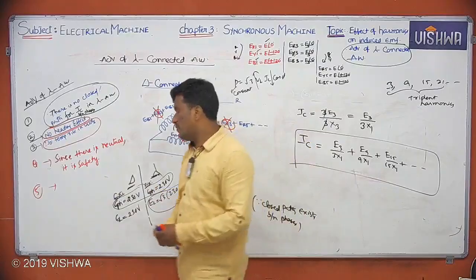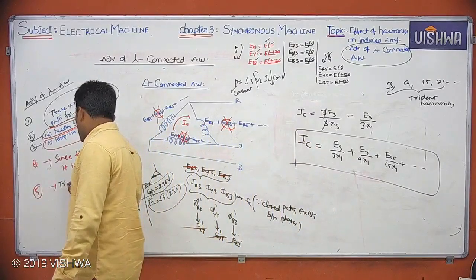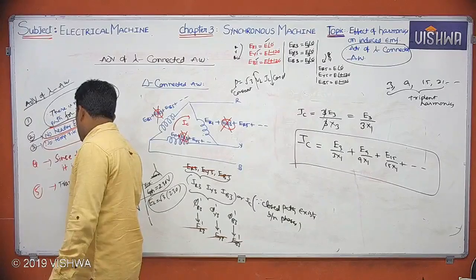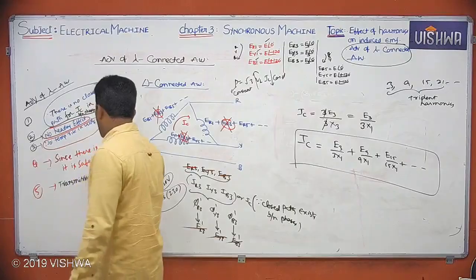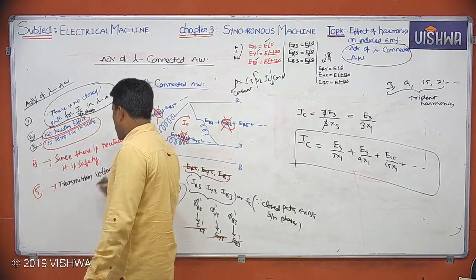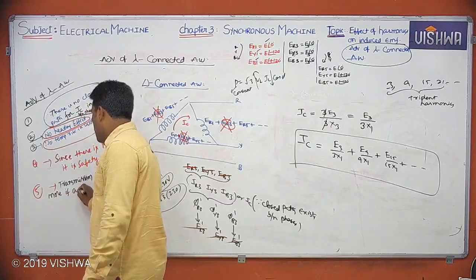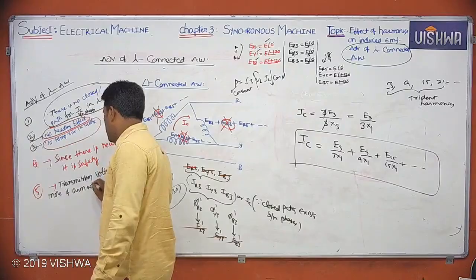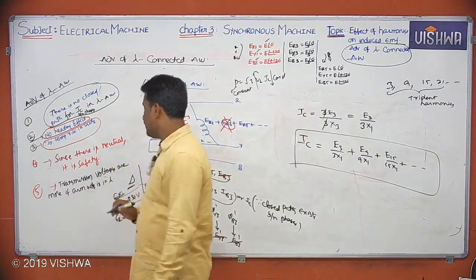So note that fifth point here: transmission voltages are more if armature winding is in star connection.